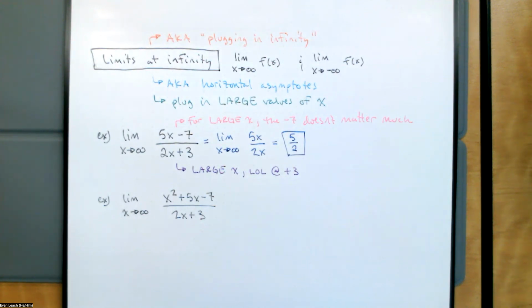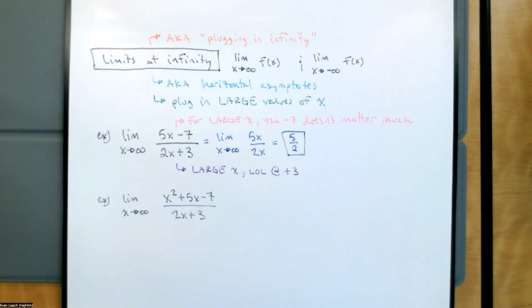When x is 1,000,000, 5x seems like a big deal, but the 7 isn't. But if x is 1,000,000, x squared is 10 to the 12th. And when you have 10 to the 12th dollars, you do not care about $5 million. It is insignificant. If you are a billionaire, a few $1,000,000 doesn't matter. Doesn't change anything at all.